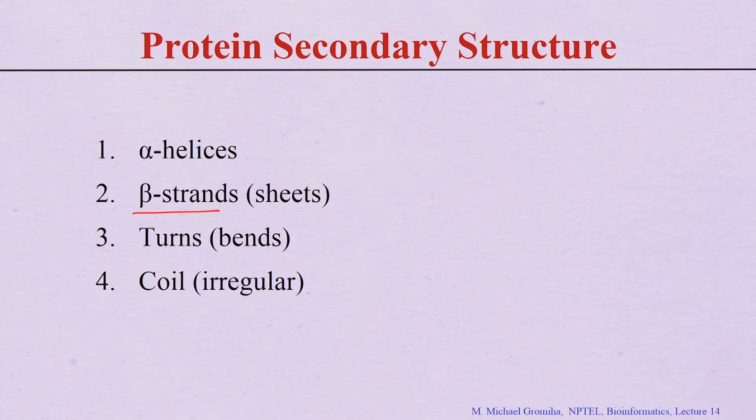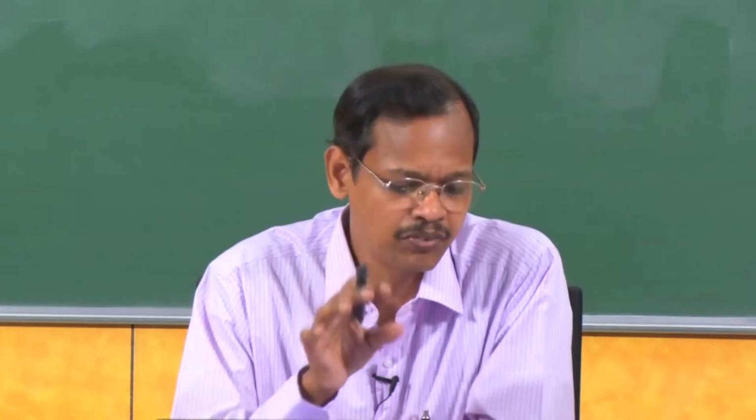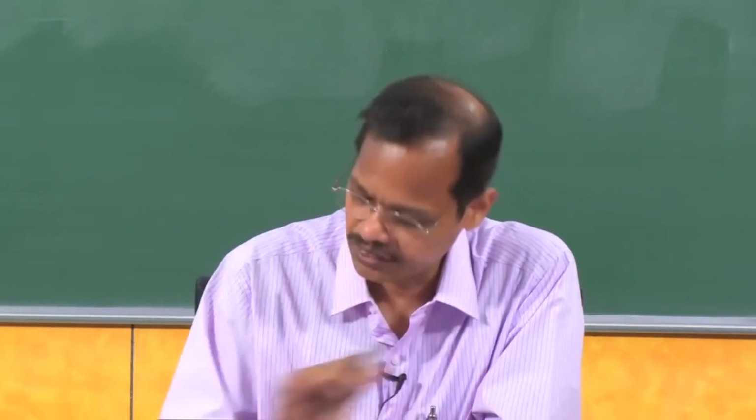Then there are turns or bends: if you have a regular secondary structure, helix or strand, and you want to change the direction, turns change the direction. And some structures are irregular, and these we call coil structures. So the regular secondary structures are simplified to alpha helices and beta sheets, along with turns and coils.